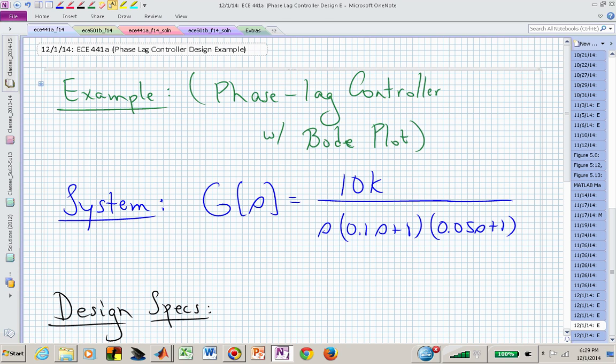It looks like we have a time constant of 0.1, which gives us another pole at -10, and a time constant of 0.05, which if we look at the reciprocal of that will give us our third pole at -20. We have a three-pole system, no zeros, and a yet to be determined gain in our numerator K, or a gain constant.